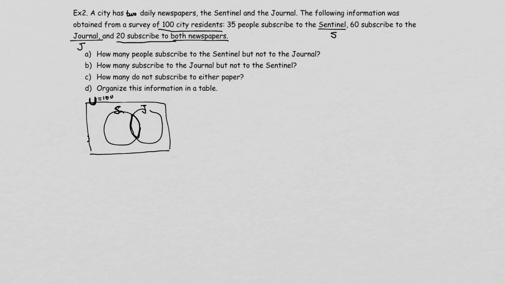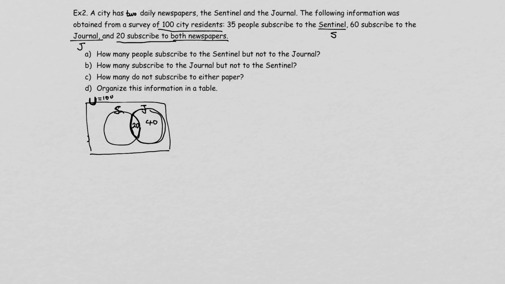So that's going to be 20 here. And then 60 subscribe to the Journal. So the total of this circle should be 60. So when you take this 20 off, you will have 40. So only 40 people actually subscribe to only the Journal.